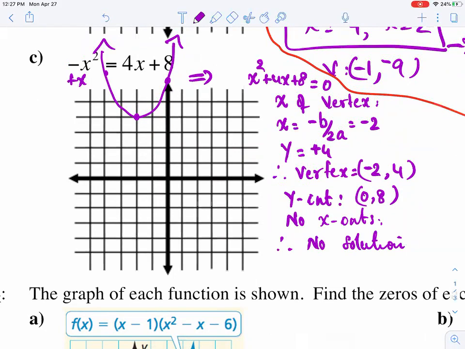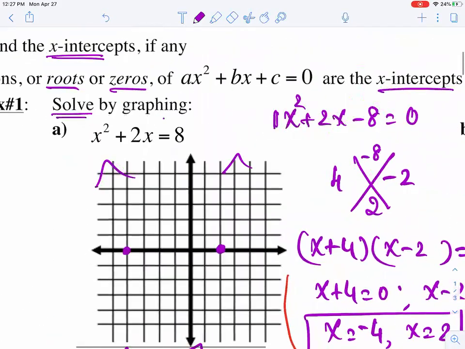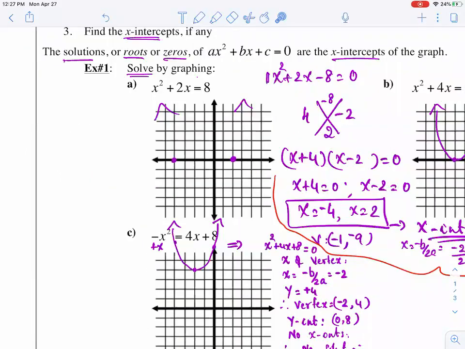Okay, do you guys get it? So that is how it's going to be. I'm just going to go over the 3 problems one more time. Just watch and listen. We are asked to solve by graphing, but we took a different attempt to do the problem.